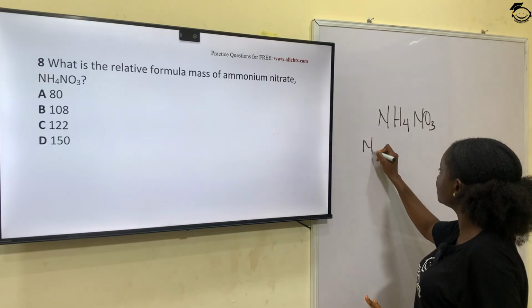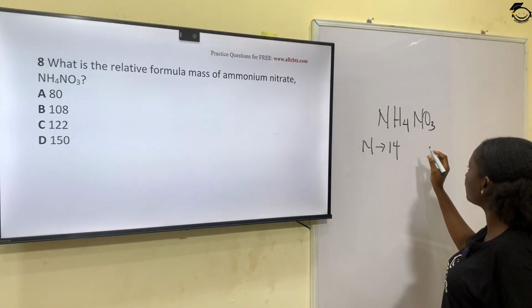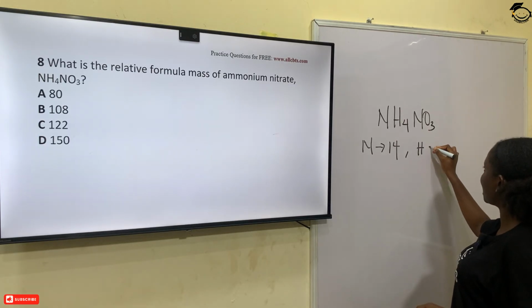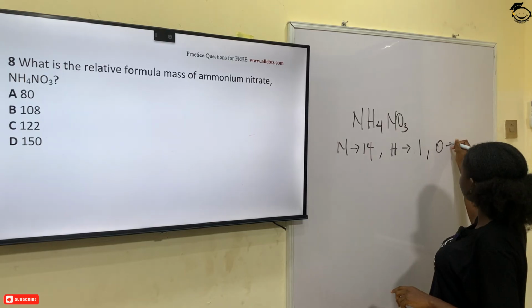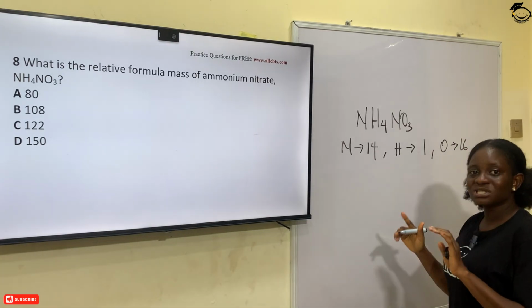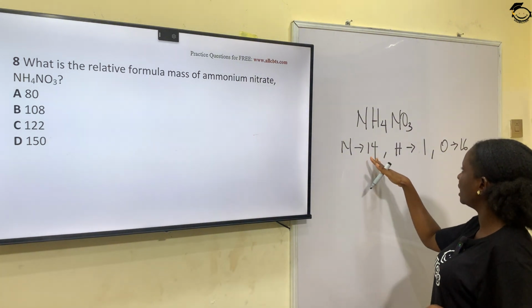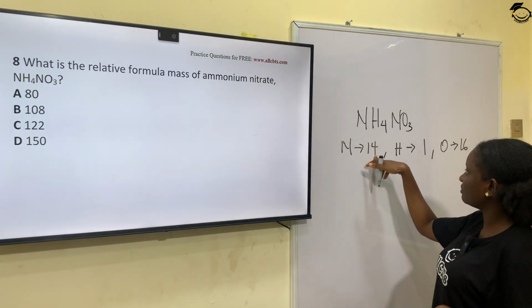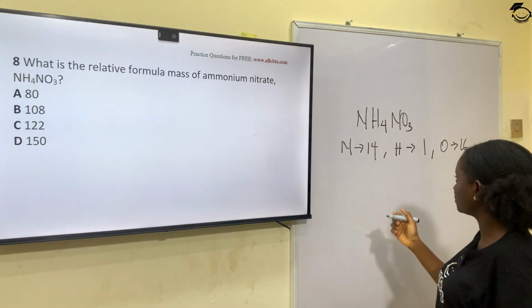For nitrogen, the atomic mass is 14. For hydrogen, the atomic mass is 1. Then for oxygen, the atomic mass is 16. The next step is to multiply the atomic mass by the number of atoms, then afterwards we sum them together.